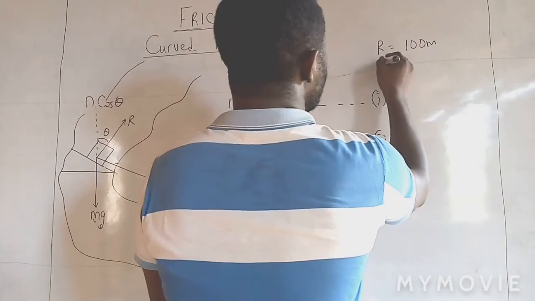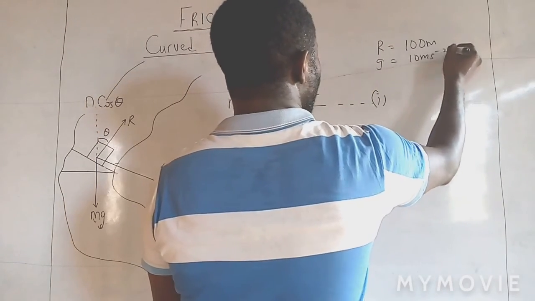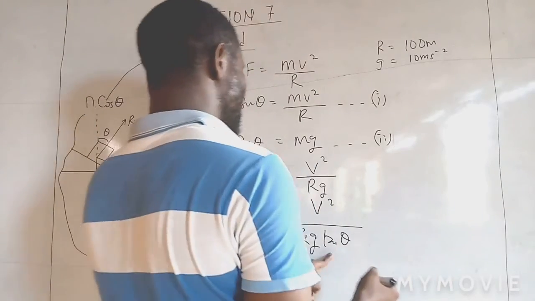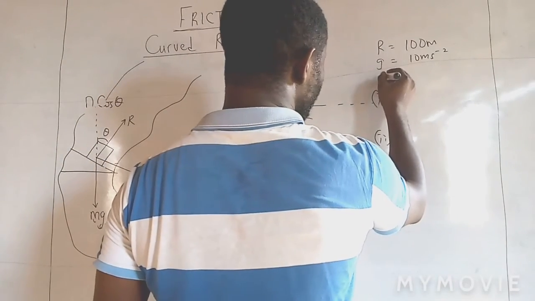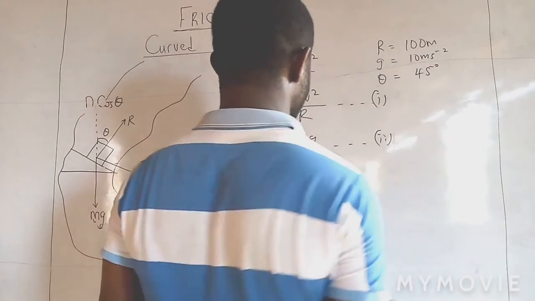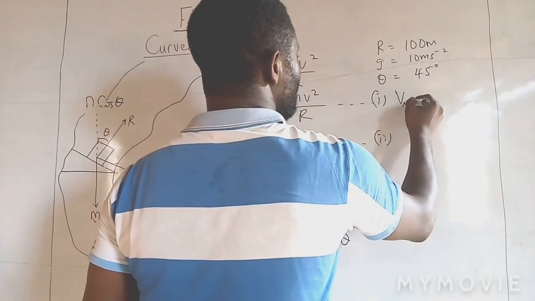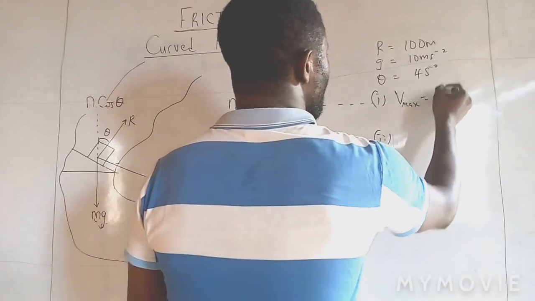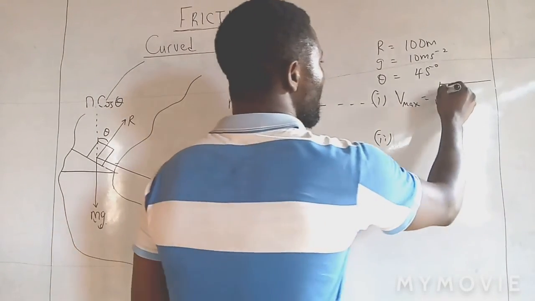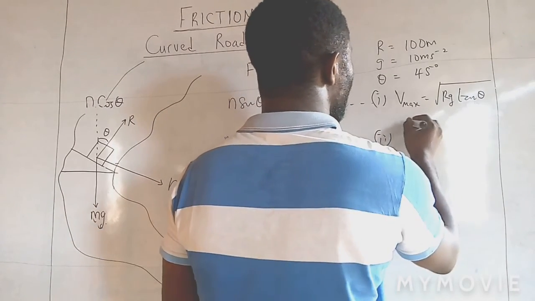And of course, g is equal to 10 meter per second square. And let my theta be 45 degree.